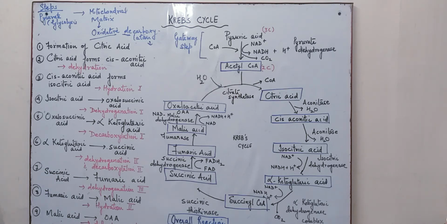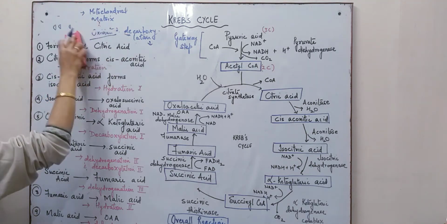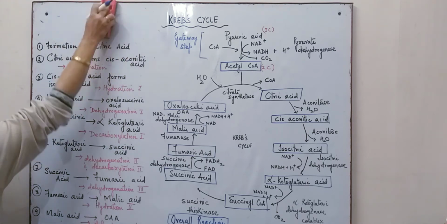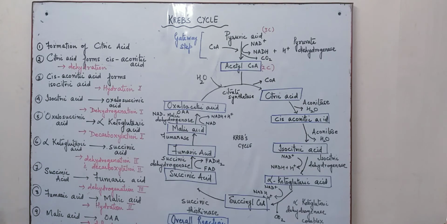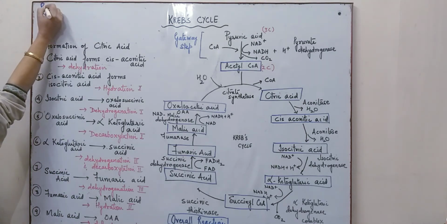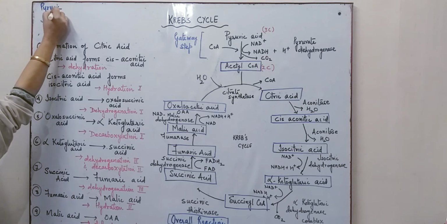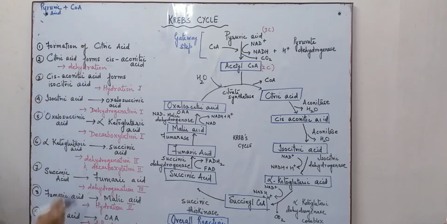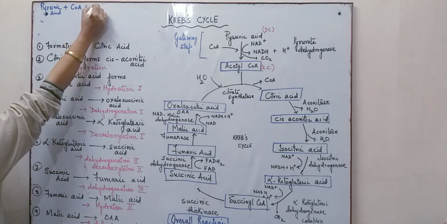Now let us study the overall reaction of the conversion of pyruvic acid into acetyl coenzyme A. Using these cofactors, the pyruvic acid produced during glycolysis reacts in the presence of coenzyme A plus NAD+.